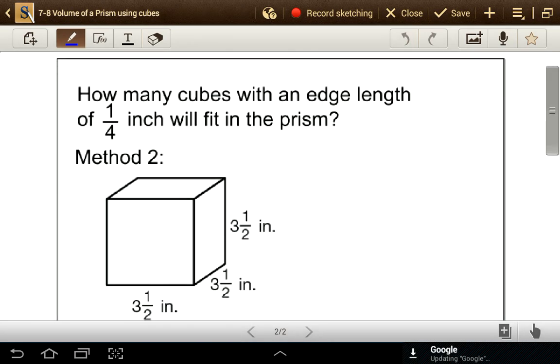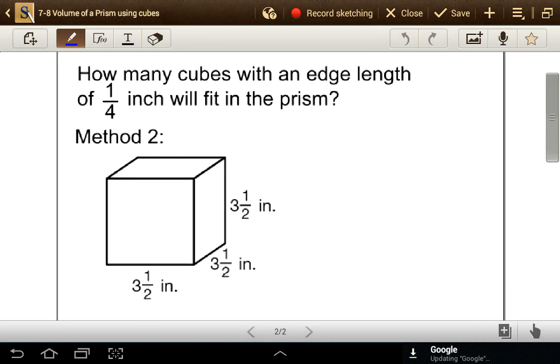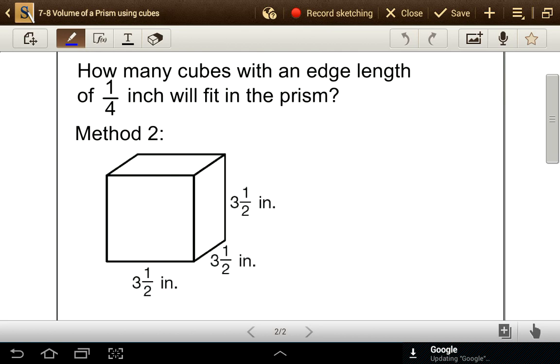Okay, in our second method, same question, how many 1/4 inch cubes? This one will help with figuring out if there's any extra space that you might be accounting for that you can't actually fit a cube into. Before I start multiplying and finding the volume, I am going to check to see how many cubes I can get in the length, how many cubes I can get in the width, and how many cubes I can fit in the height.